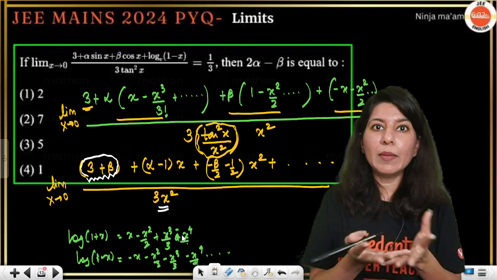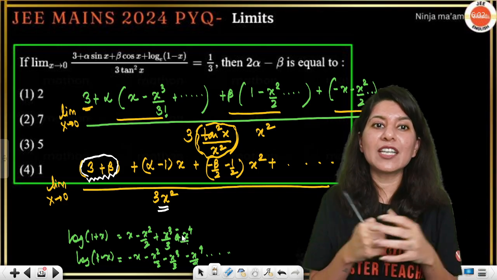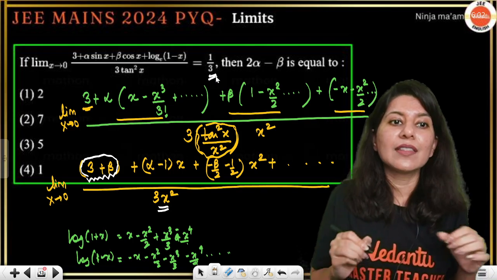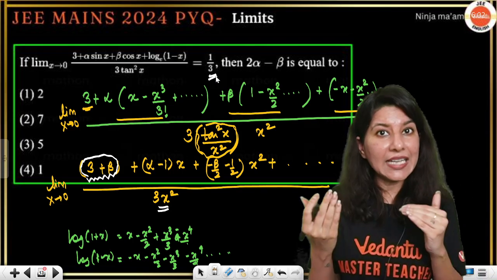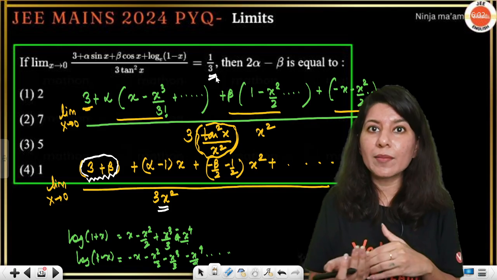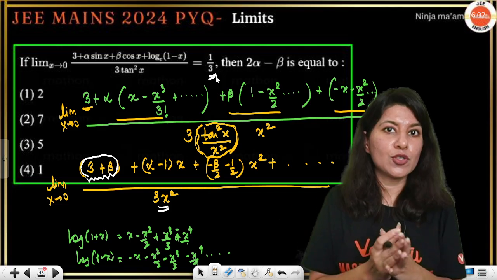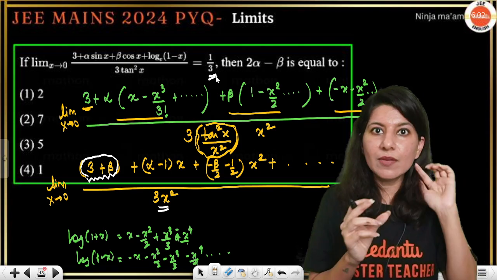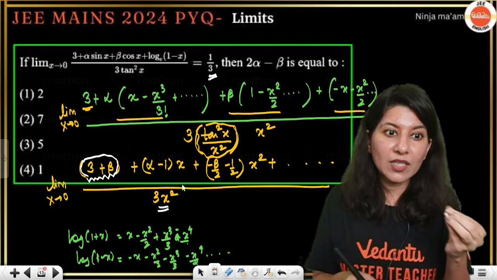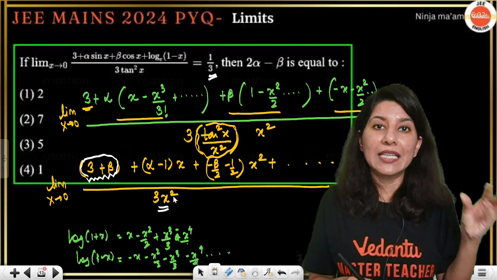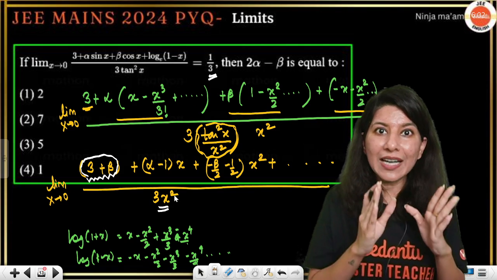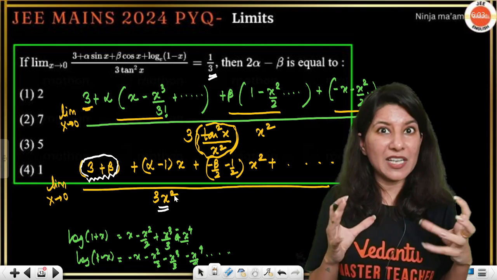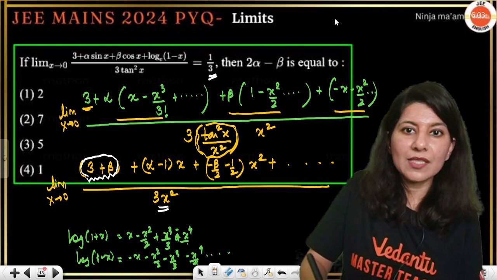So this whole limit will not be a finite quantity. But as per the question, they have already given that this limit is a finite quantity. It exists also, and it is equal to 1 by 3. So in this whole expression, we cannot create any term which will lead to infinity. So 3 plus beta has to go away. 3 plus beta has to become 0, so that this term will not make the overall expression go towards infinity. So 3 plus beta is 0.